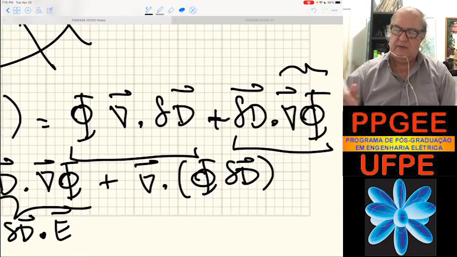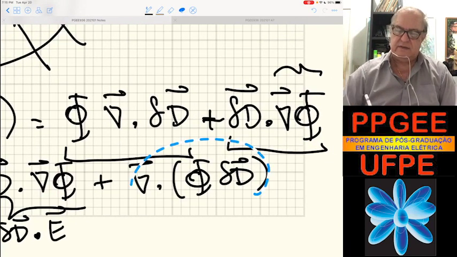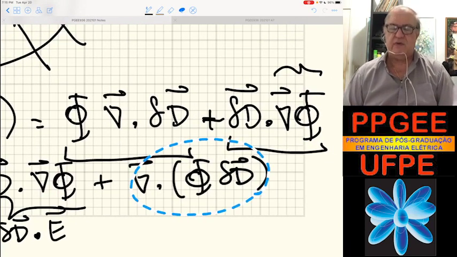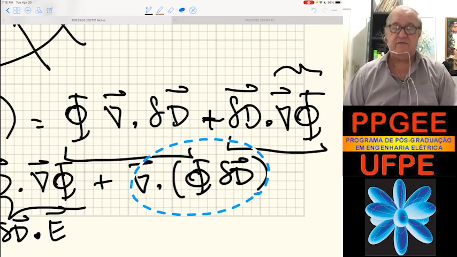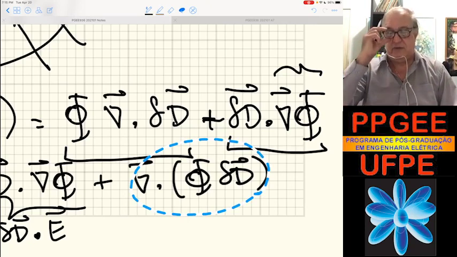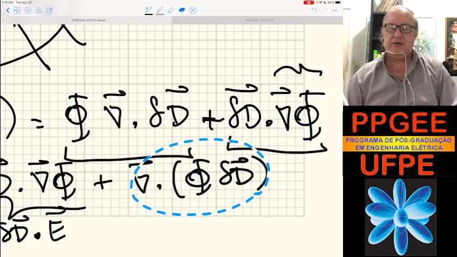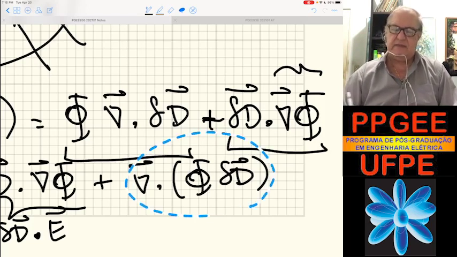And we have this volume integral of this vector. For the volume integral, we use the divergence theorem, as we did before already. I'm going to let you do this to complete the demonstration.